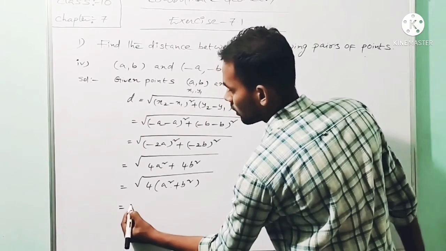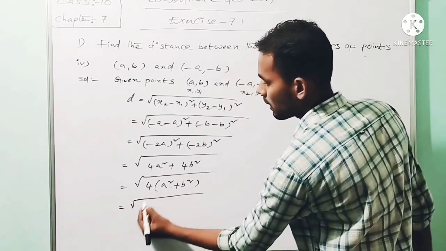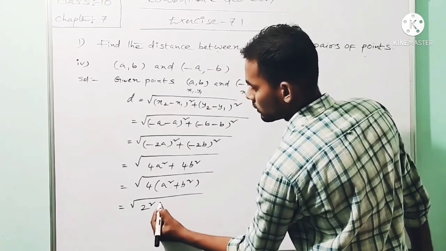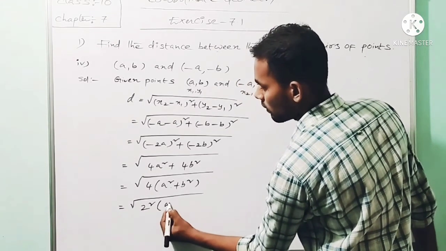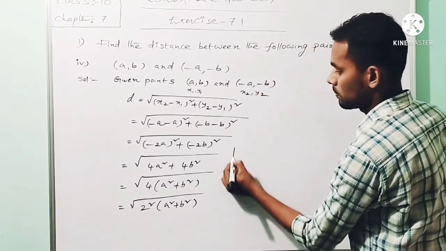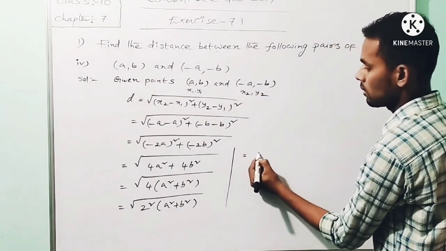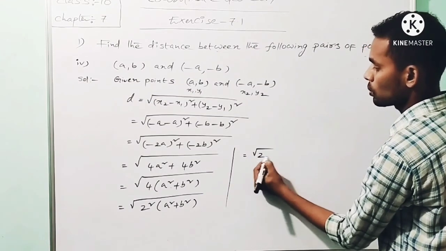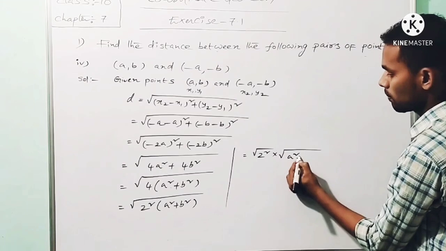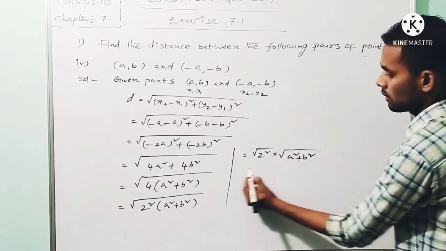Is equal to square root of 4 can be written as 2 square, of (a square plus b square), is equal to square root of 2 square into square root of (a square plus b square).